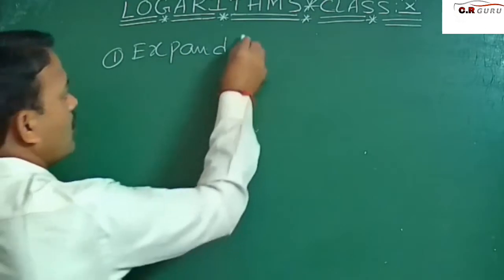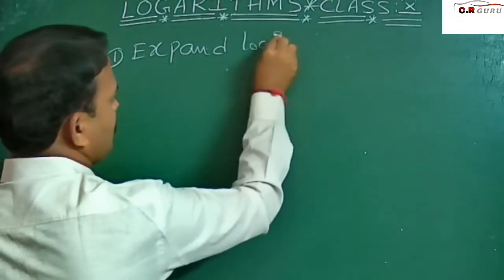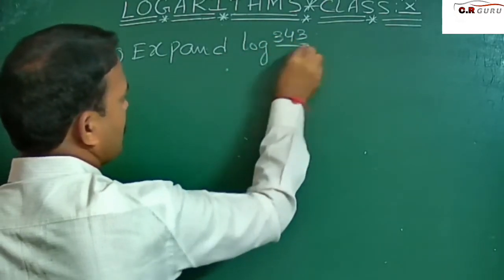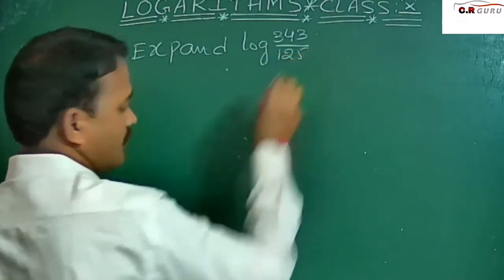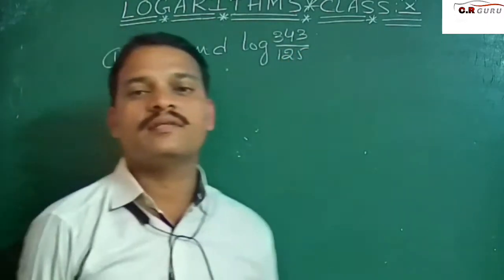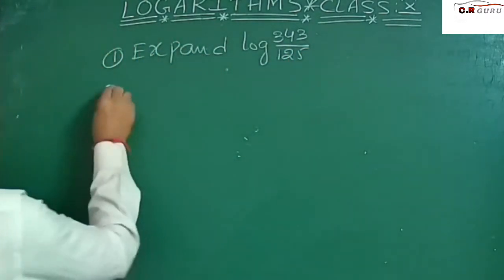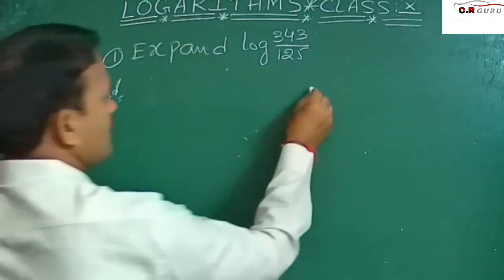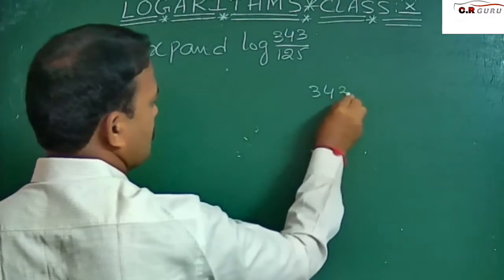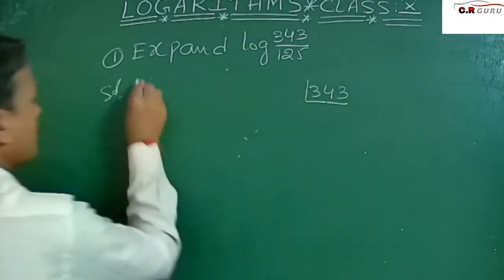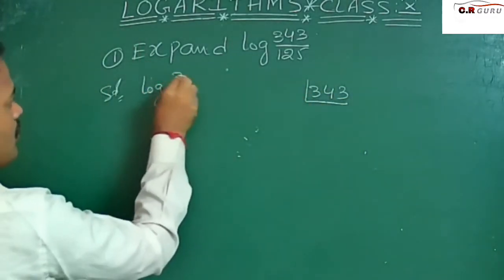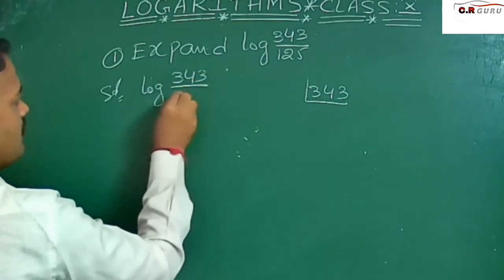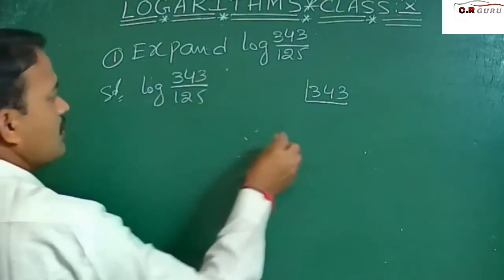Expand log of 343 by 125. So this is the question. See here, solution. First of all, the given question is log of 343 by 125.